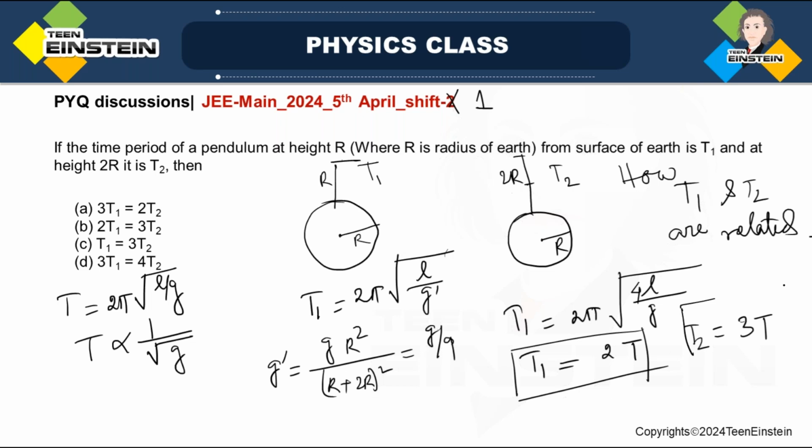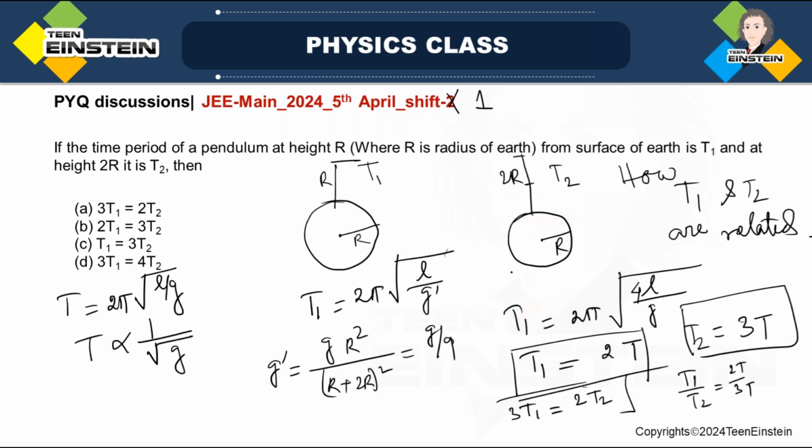So from these two relations, what can I write? I can write T1 by T2 will be 2T by 3T. Okay, or 3T1 is equal to 2T2.